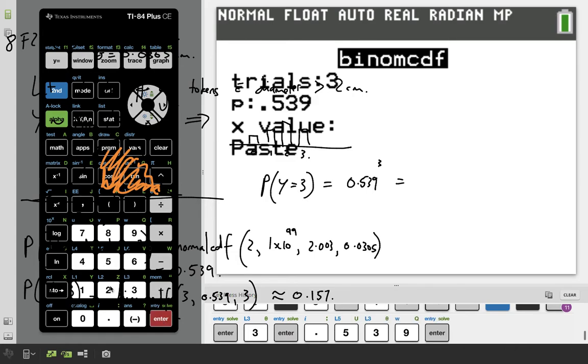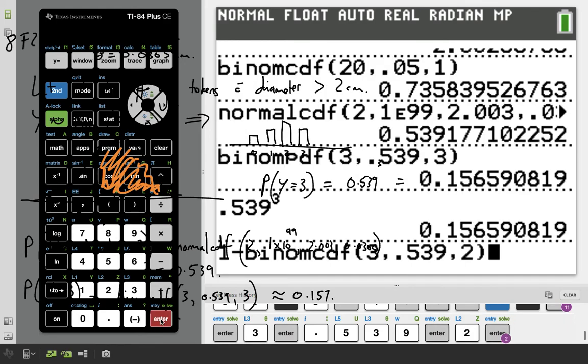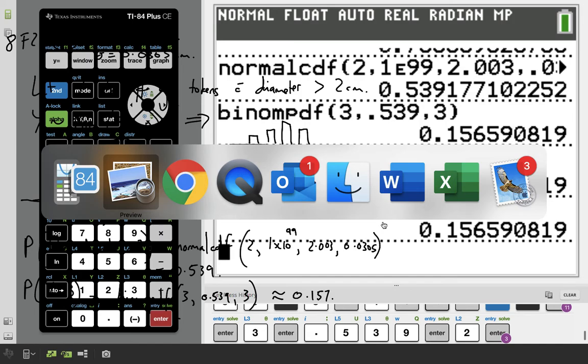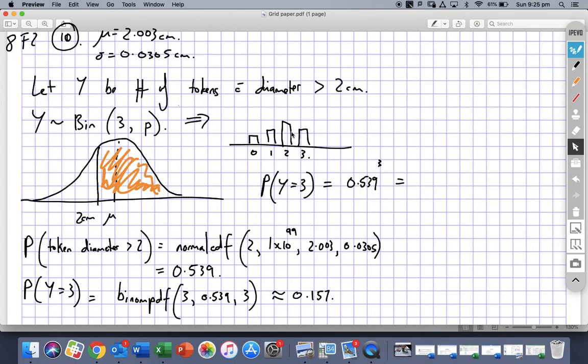This time I'm going to put in a 2, and I get the same value again. So what I did, that last one, worked out the probability of getting 0 tokens, 1 token, and 2 tokens, and subtracted those away. Right, so the method doesn't matter too much, but you should probably show some working. Okay, I think that's about it. Thank you for watching.